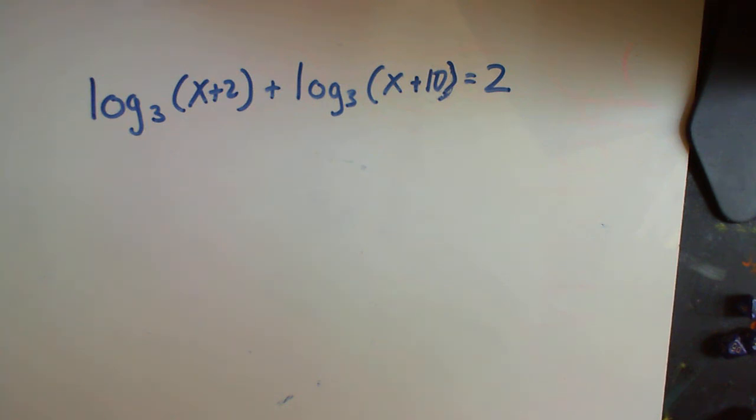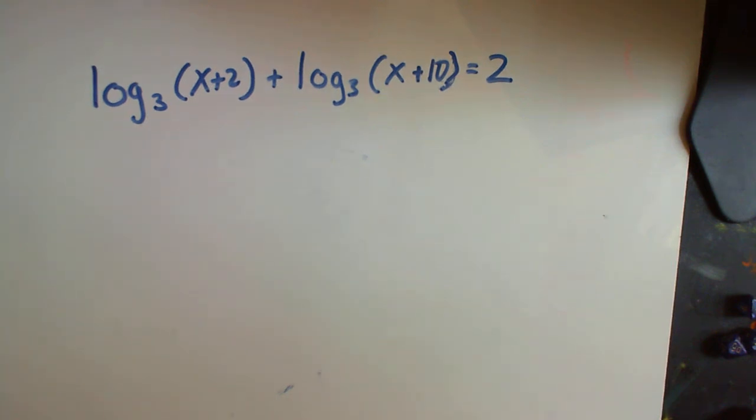So here we're going to use our combining logarithms property to solve this problem. So the first thing, since both of these are base 3, we need to turn this into a single logarithm. Remember, when we're dealing with these logarithm problems, 9 times out of 10, the goal is to just get it to be a single logarithm.